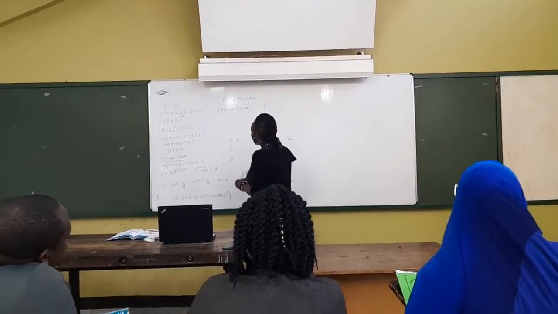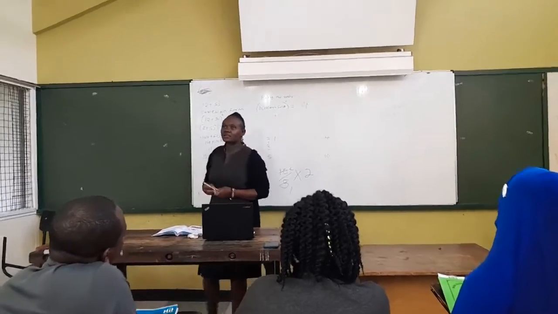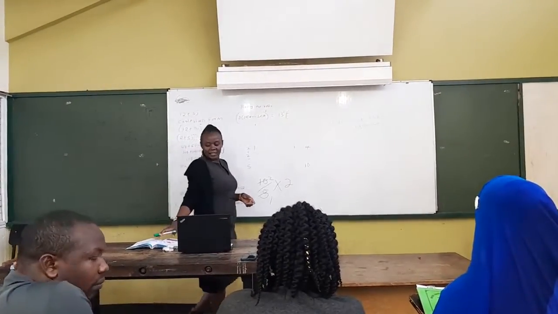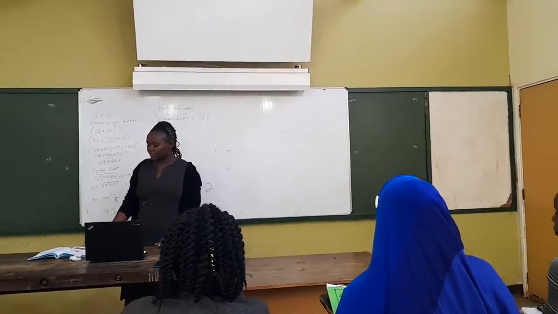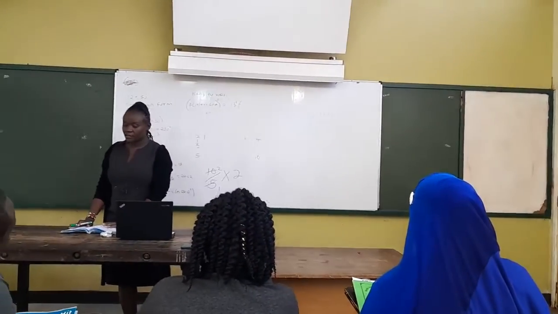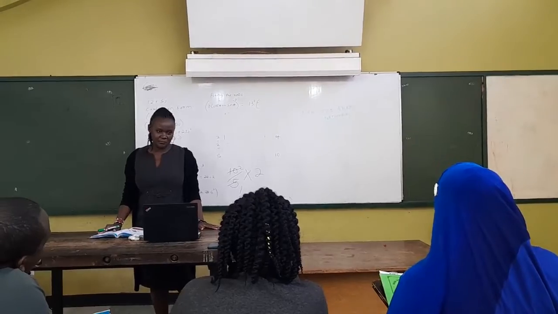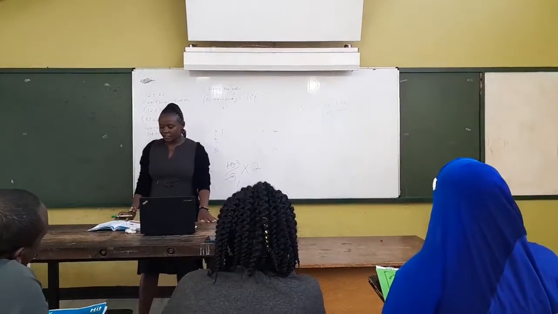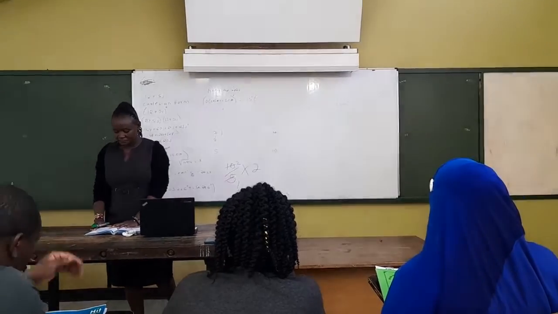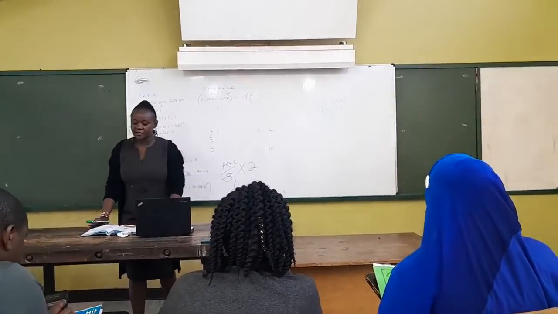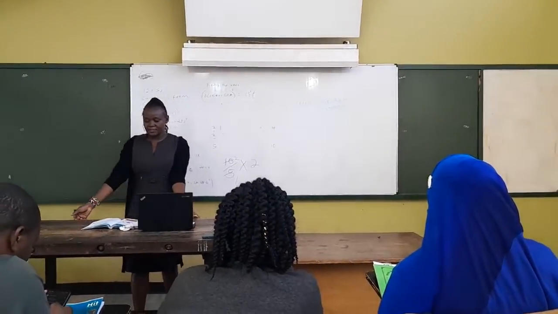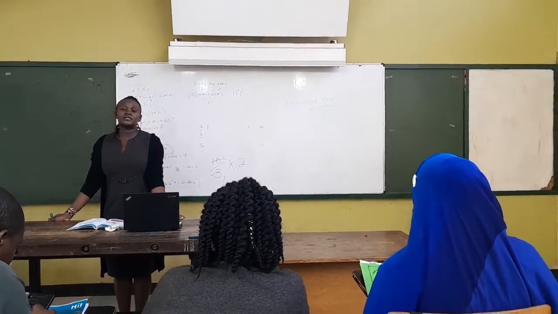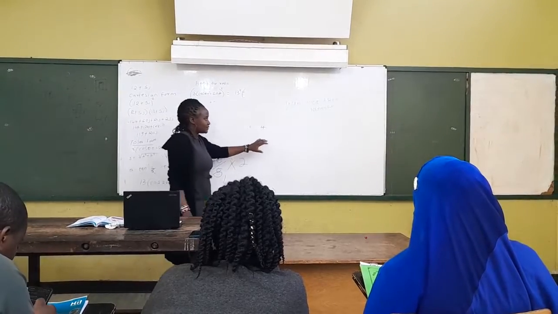As we all know, wide area network is the second largest network. We have other different types of networks. I hope everybody knows them. On wide area network, we can define it as a network that interconnects LANs.